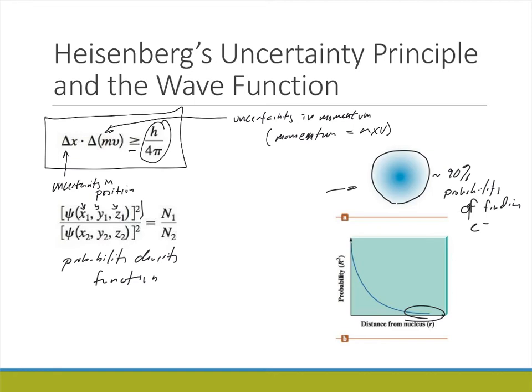So this probability density function actually comes out to be hugely important. This is what we term the orbital. It is not an orbit, it is orbit-like, hence the term orbital. Orbitals are where electrons reside. Okay? And it's through the application of the wave function and Heisenberg's uncertainty principle that we can determine the orbitals.